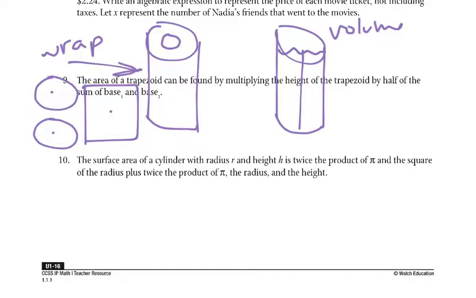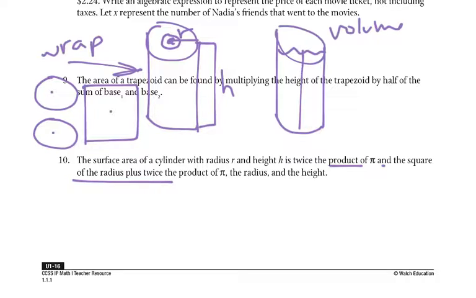Okay? So it says the surface area of a cylinder with a radius r, so radius would be of the circle, and a height h, that would be height, is twice the product, being multiplying, of pi and the square of the radius, plus twice the product of pi, the radius, and the height. Okay? So there's two things that we're dealing with here. And it has to go based off this idea.